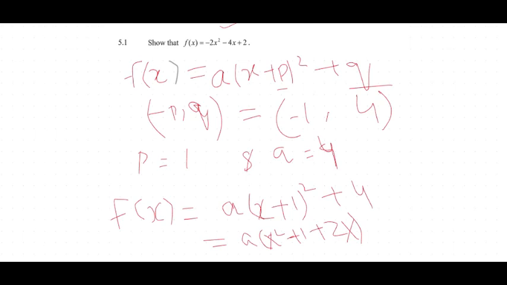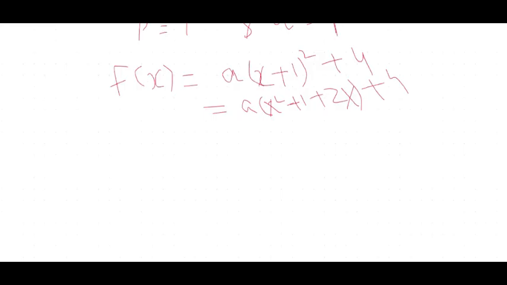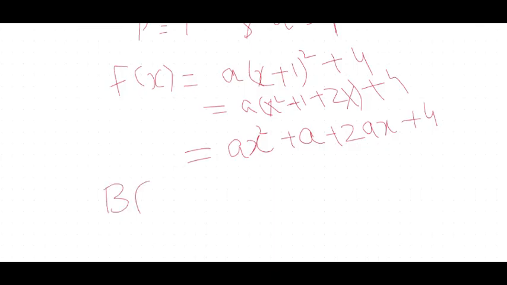So it becomes ax squared plus a plus 2ax plus 4. This is the function if we simplify the equation. Now we have to determine the value of a. So I substitute the point B, which is (minus 3, minus 4), into this equation.